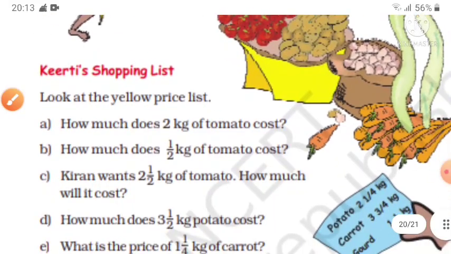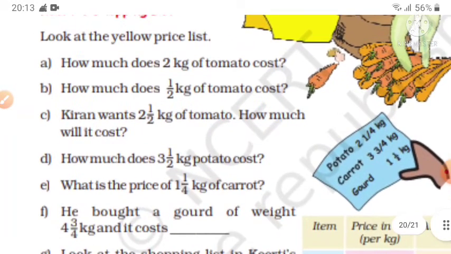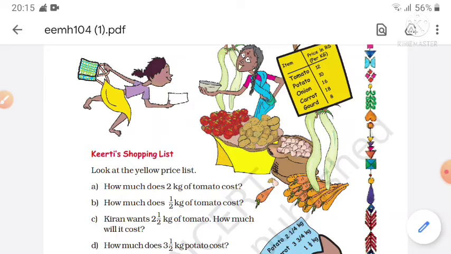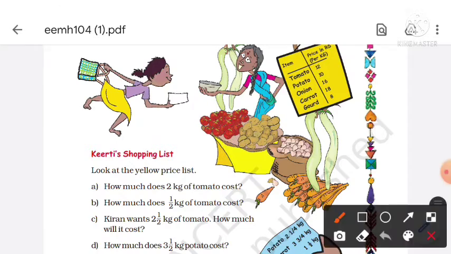Okay. Next is Kriti's shopping list. Now look at Kriti's shopping list. Here you will see the price list. 1 kg tomato costs 12 rupees, 1 kg potato costs 10 rupees, 1 kg onion costs 16 rupees, 1 kg carrot costs 18 rupees, and 1 kg curd costs 8 rupees.